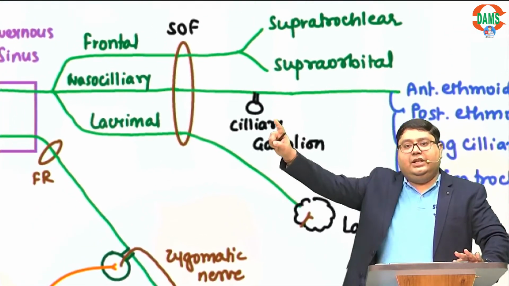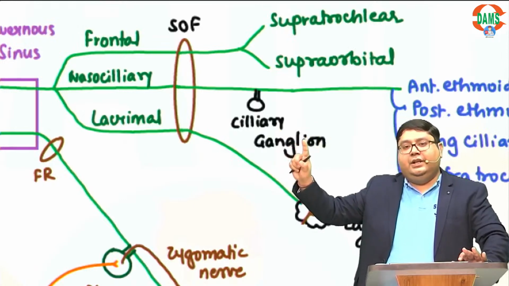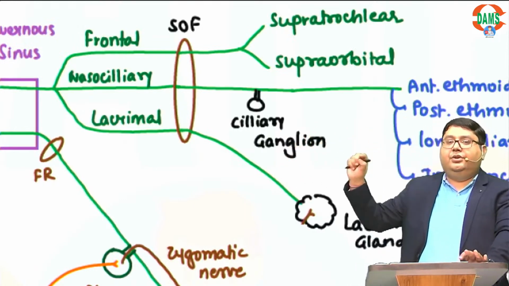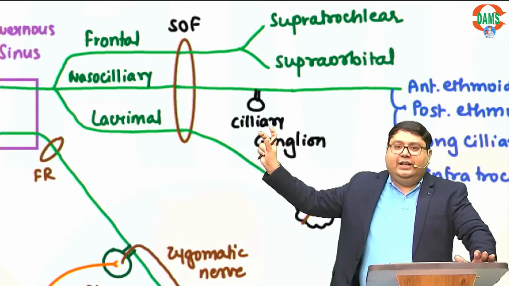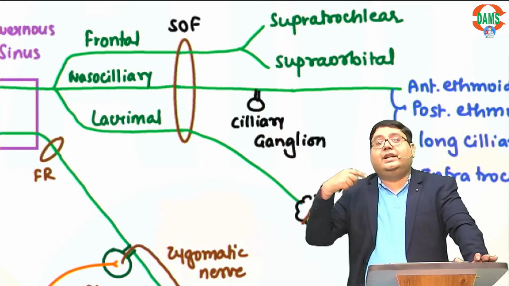And the nasociliary, the important point here, before coming to the branches, is that we should know that it holds one ganglion. The ganglion which is held by the nasociliary nerve is the ciliary ganglion.